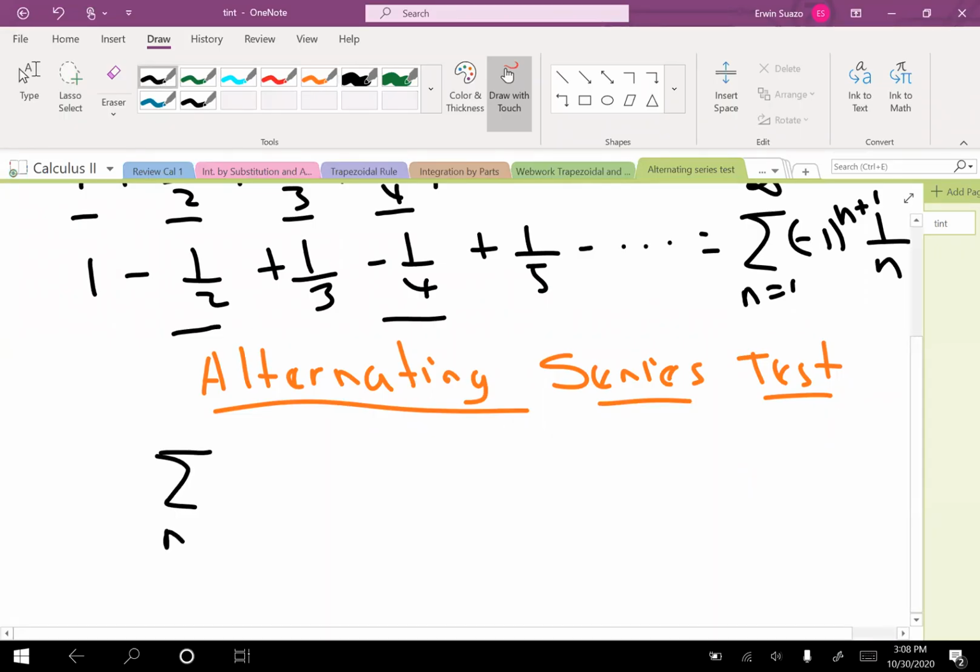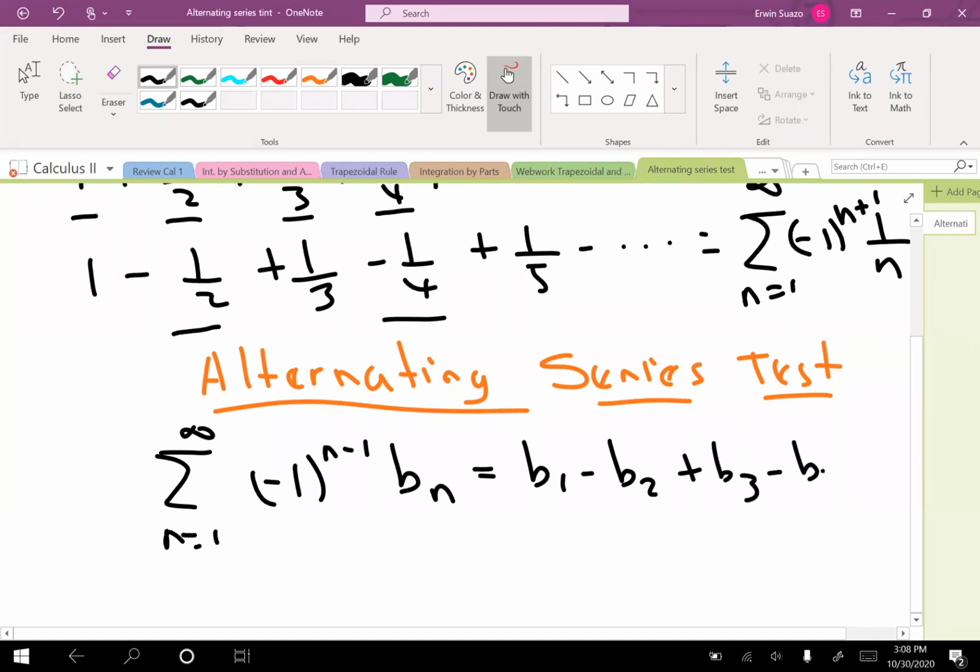There's the sum, n equals 1 to infinity, of (-1) to the n minus 1, b sub n. And then you'll get b1 minus b2 plus b3 minus b4, and so on. Okay?